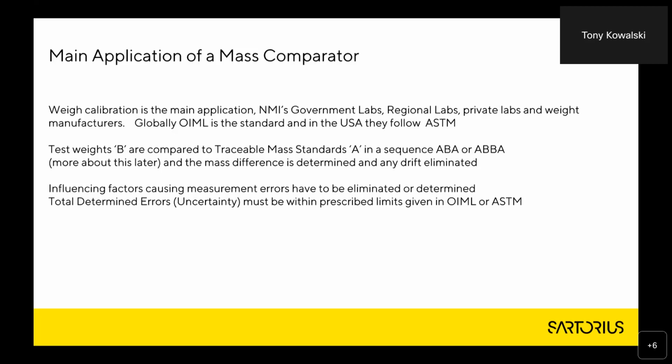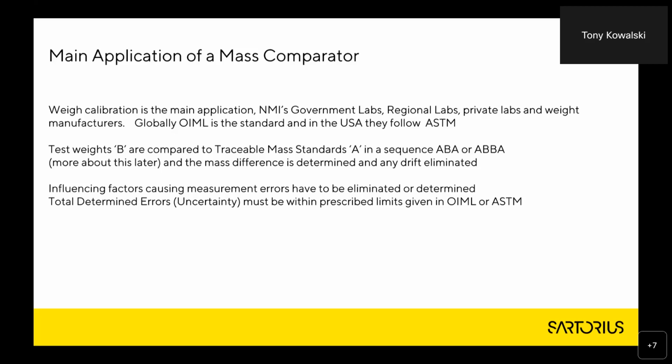And globally, the area that we work with in the rest of the world is OIML, whereas in the USA, they have their own standard they follow, which is ASTM. And in the OIML, everything is incredibly well described.